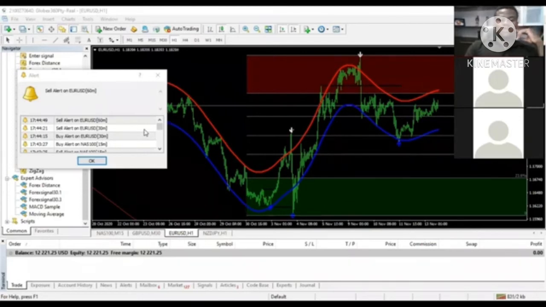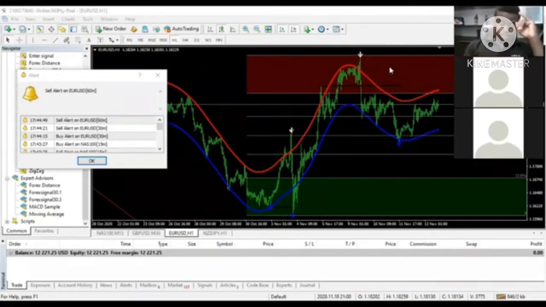So now, in looking for sell positions, I expect you to do the very same thing. Number 1, supply zone. You need to be in the supply zone. You don't sell if the market is not in the supply zone. You only sell when the market is in the supply zone.